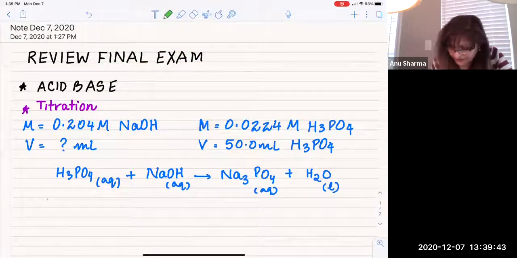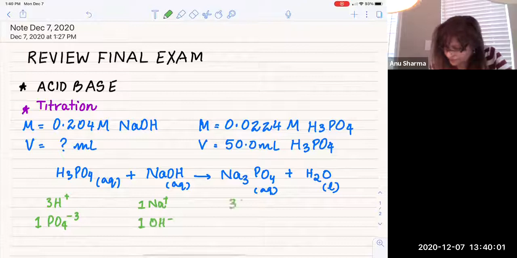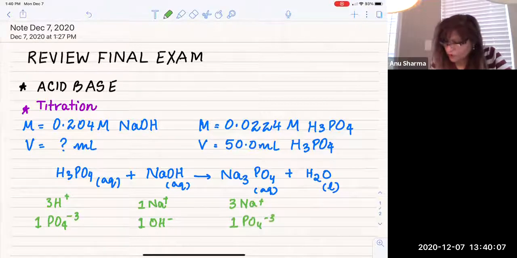If you look at it, there are 3 hydrogens here. Keep the phosphate ions together. So this is 1 phosphate ion, 3 hydrogen ions, and you have 1 sodium ion and 1 OH ion, and you have 3 sodium ions and 1 phosphate ion here, and you have water, although we don't ionize water. So there are 3 hydrogen atoms and 1 oxygen here.